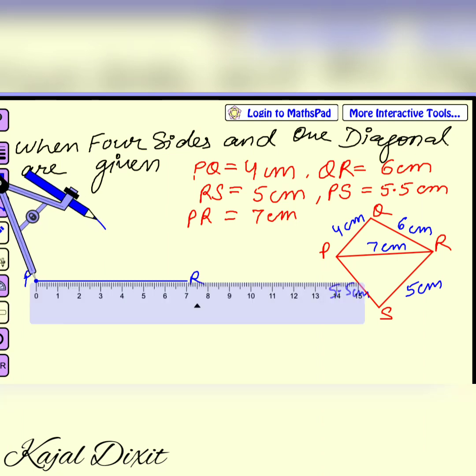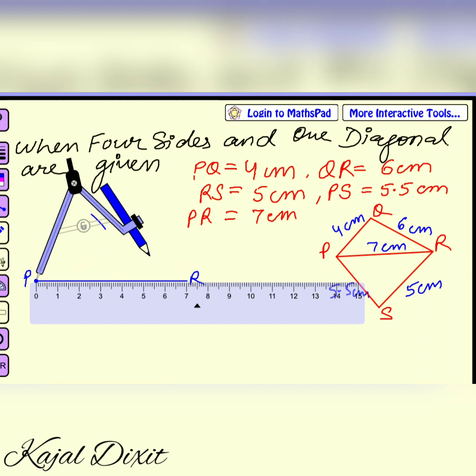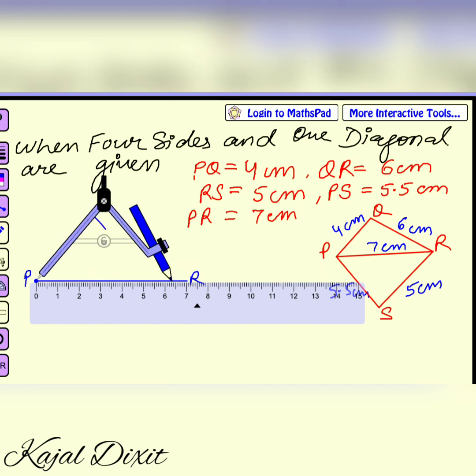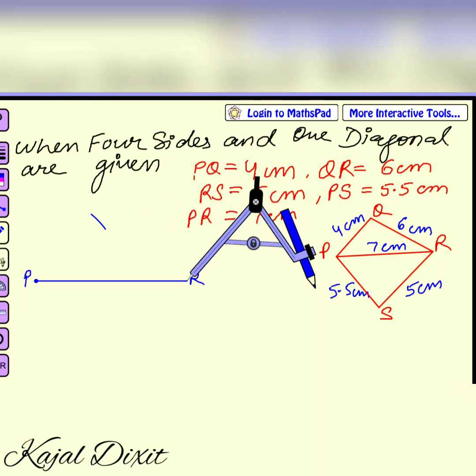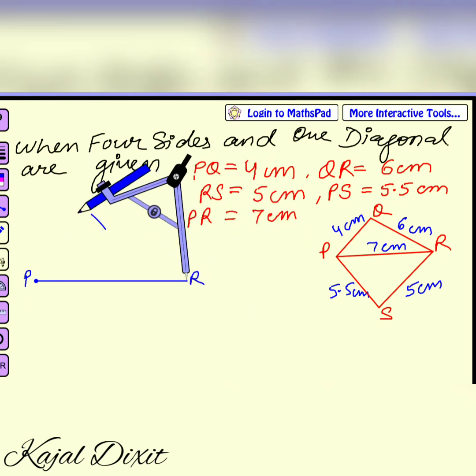Then we will take the scale again and take the measurement of 6 centimeters. Then we will place the compass on point R and draw an arc of radius 6 centimeters.